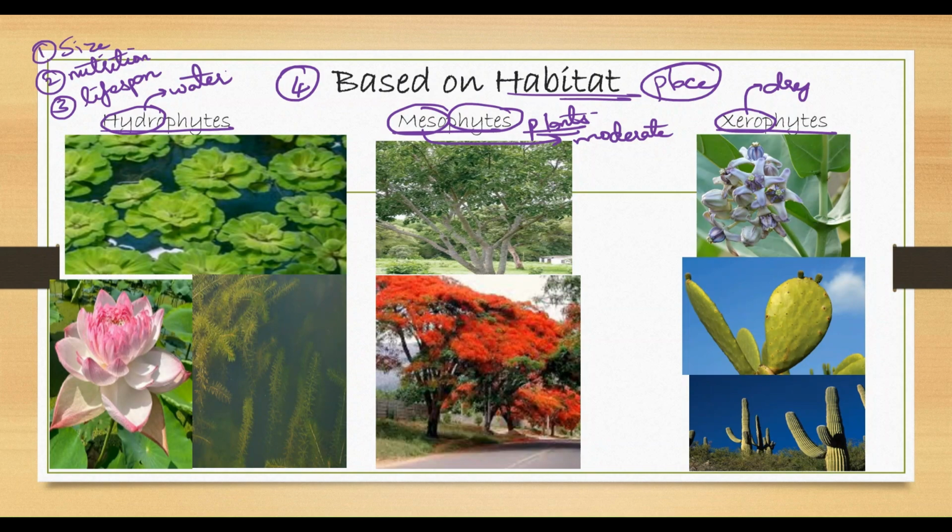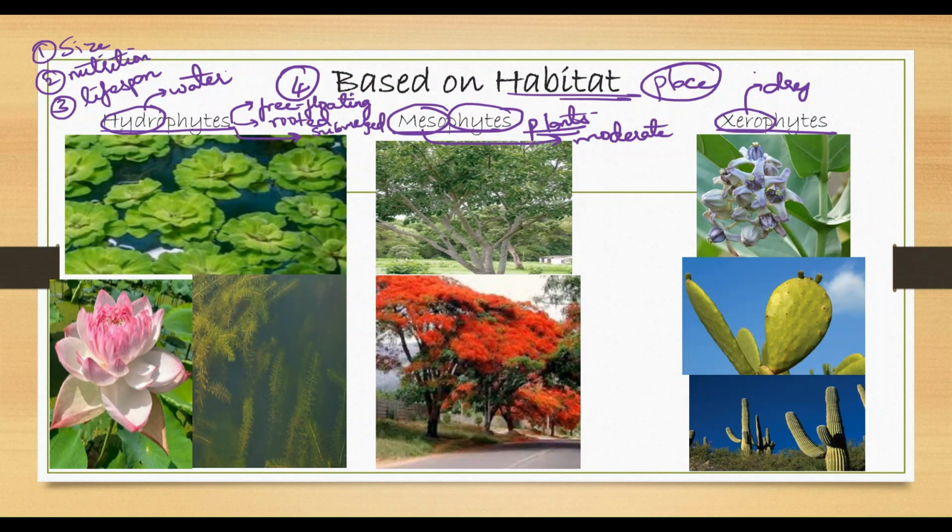As the name suggests, hydrophytes are the plants which survive in water. They grow in water, unlike the normal plants which you find on land. These hydrophytes are of three types: free floating hydrophytes, rooted hydrophytes, or submerged hydrophytes.